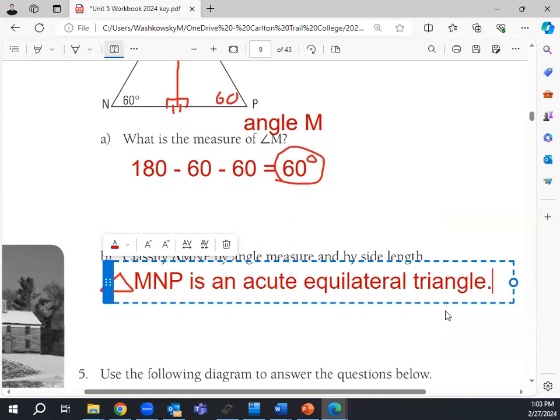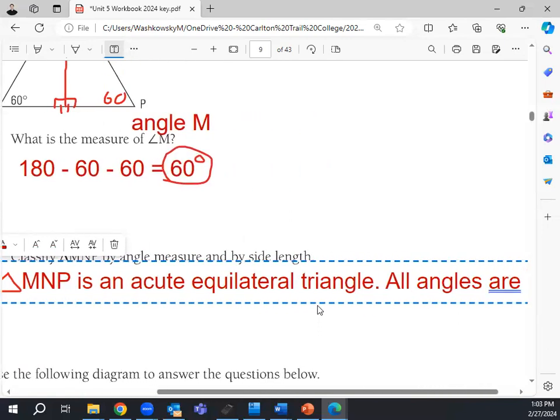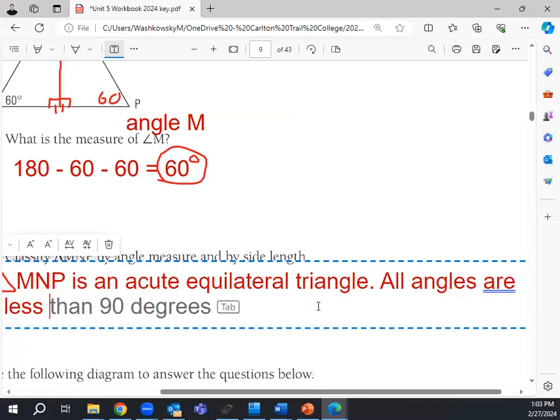So I've classified it and now I just need some proof. I've classified it, so what's my evidence? All angles are less than 90 degrees, and all sides have the same length.